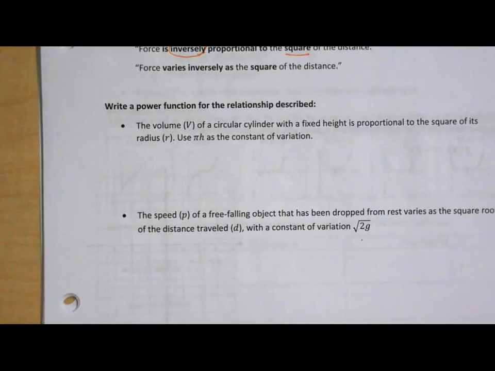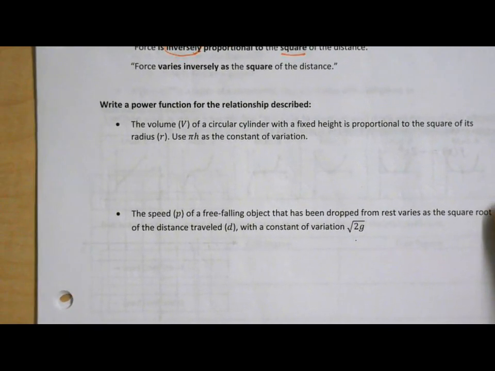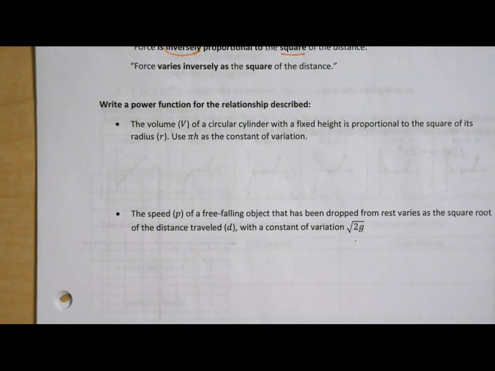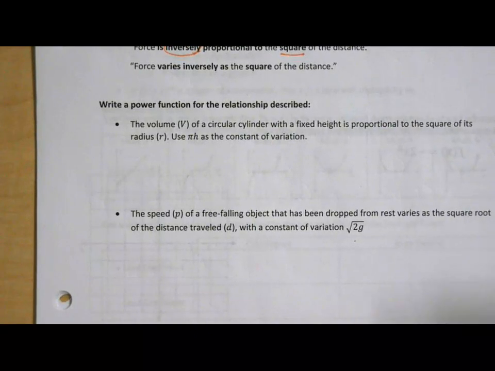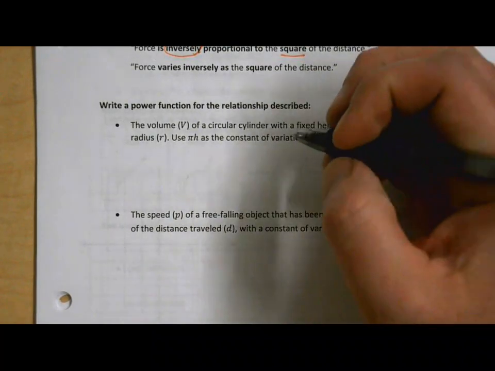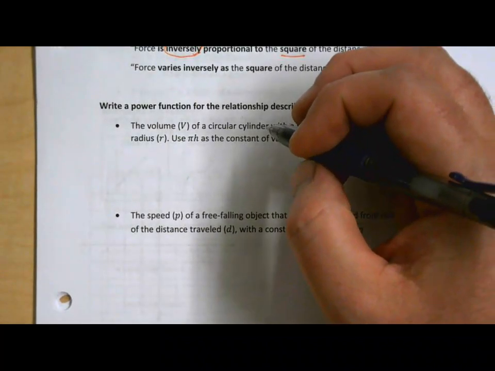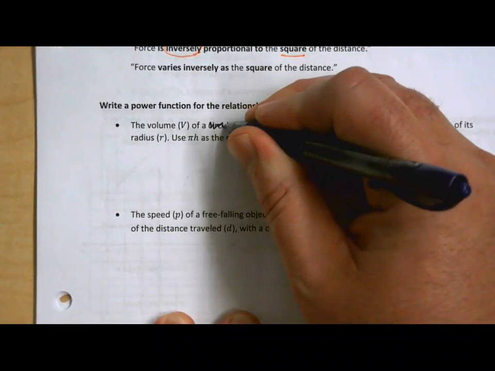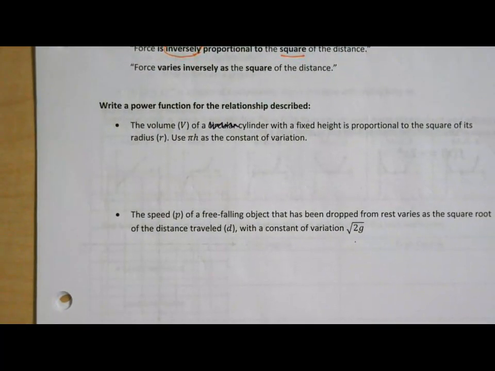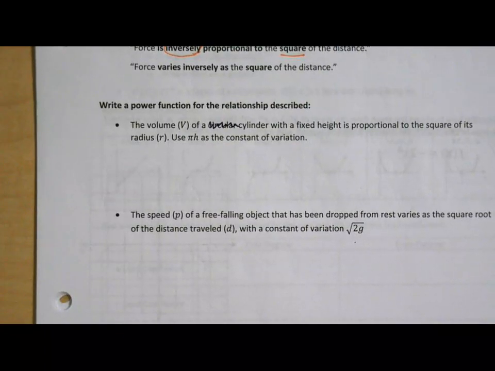Let's keep going. All right, so here's a sentence that you might read in a science textbook or a geometry textbook. We're going to try and write an equation out of it. So the volume V of a circular cylinder, this is kind of bothering me. I feel like we don't need the word circular here, right? Is there any other type of cylinder? Let's get rid of that. The volume V of a cylinder with a fixed height is proportional to the square of its radius.